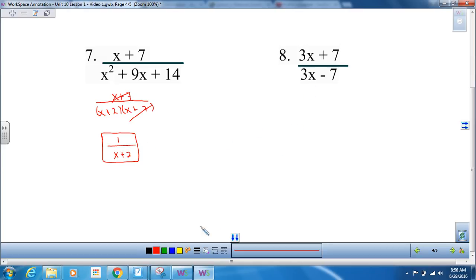Now 8, this is a little tricky. So 3x plus 7 and 3x minus 7. Those obviously aren't the same. But they're really close. And there's no common factor. The x is not a quadratic, so it doesn't factor to 2 parentheses.